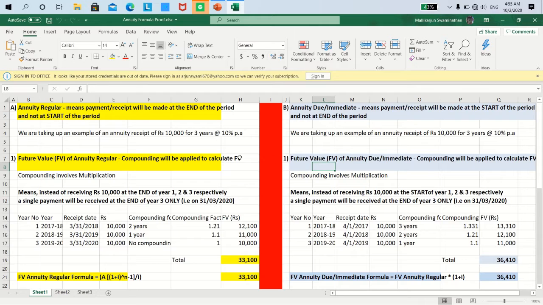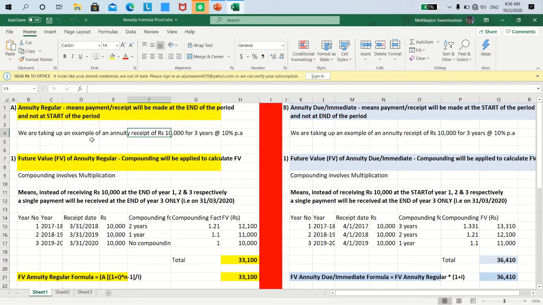Now, as we move on, students, please remember that I have just picked up an example here where I am assuming that Mr. X, for example, has to pay me rupees 10,000 for a period of 3 years. Since we are discussing annuity, we know that annuity involves a constant amount to be paid across a constant interval, correct?